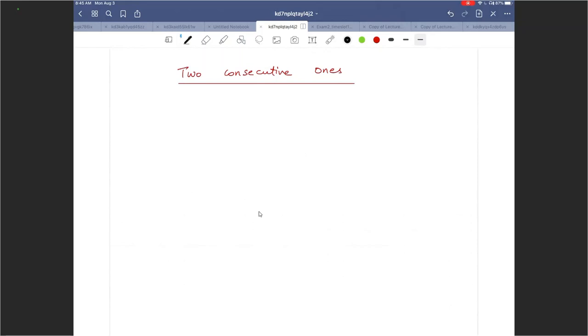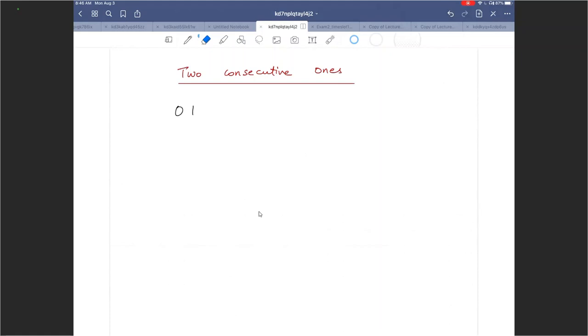Right away, you might get a 0 to begin with, and you might want that to be a particular state: last input was 0. Then if your next input is 1, you are moving in the direction of 2 consecutive ones, which means you might want to keep track of that. Hence, we made that another state.